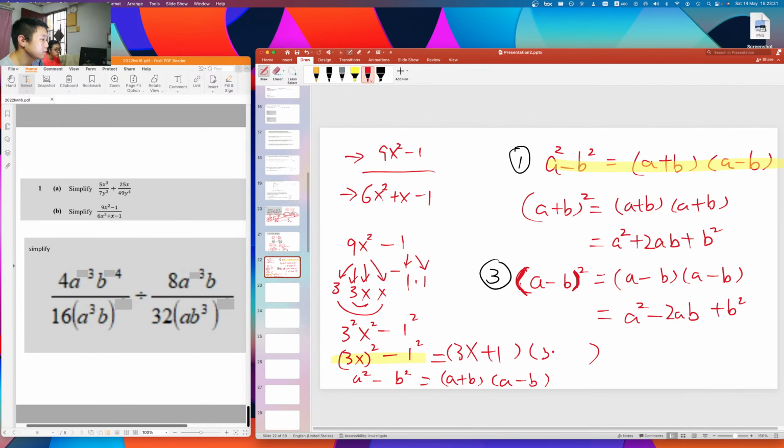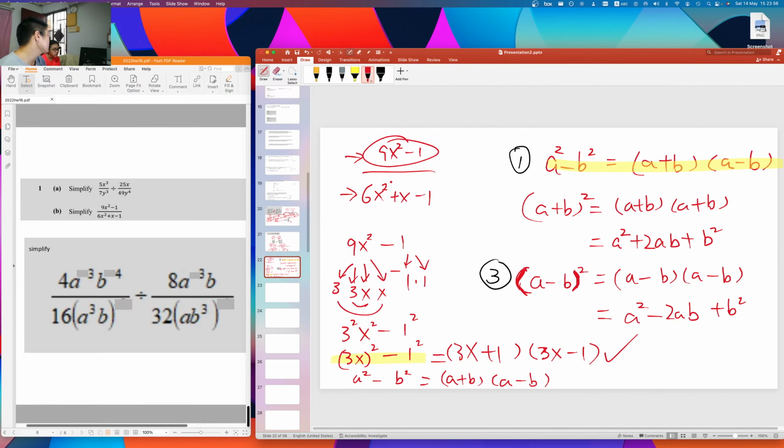What is here? x minus 1. Anything else? No. Why not? There's no square here. So you just follow the pattern. So that's what you should get for the numerator.